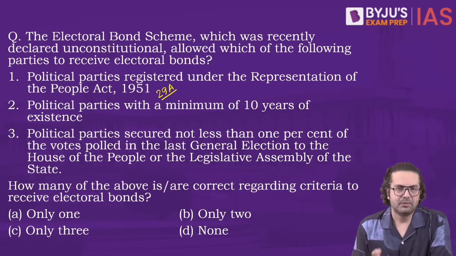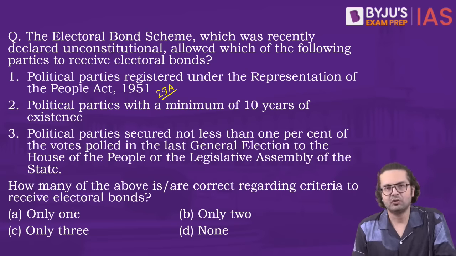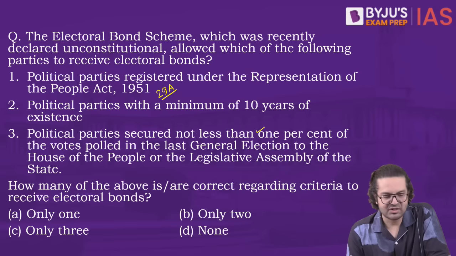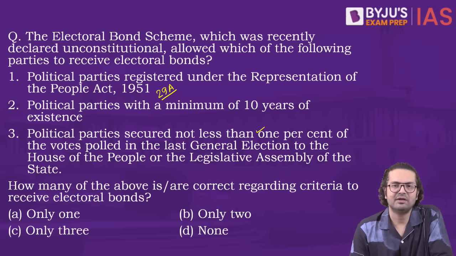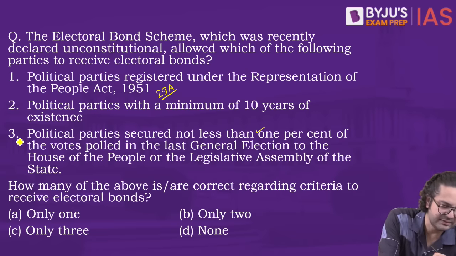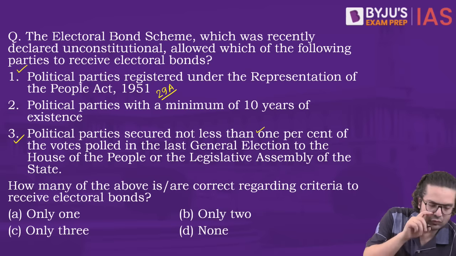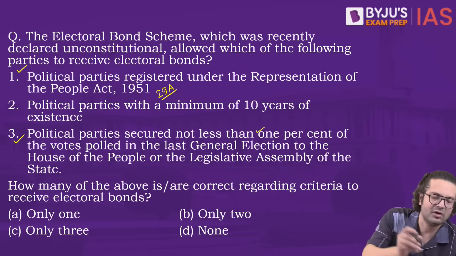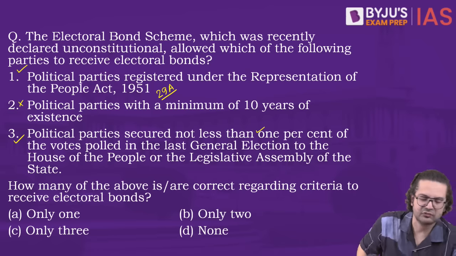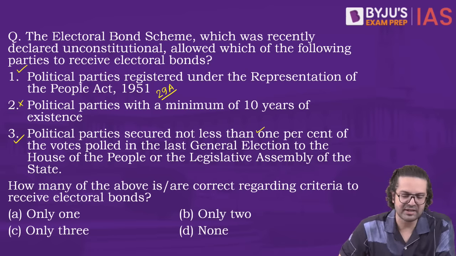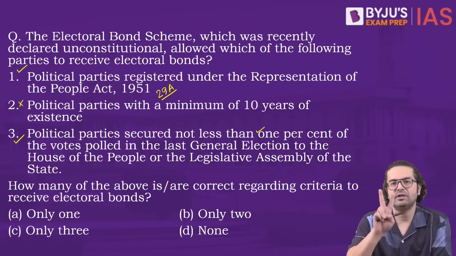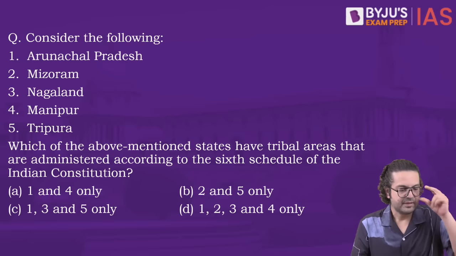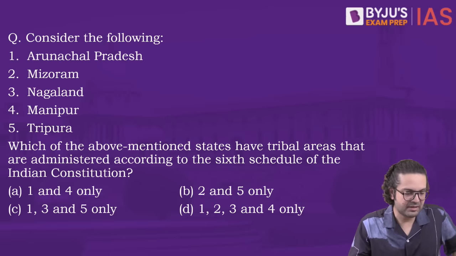Apart from it, the political party should not have secured less than 1% votes in the last general election, either to the House of People or to the Legislative Assembly. 3 is correct, 1 is correct. 2, political parties with a minimum of 10 years of existence, is wrong. This was not a criteria. So how many of the above are correct regarding criteria to receive electoral bonds? Only 2. B.